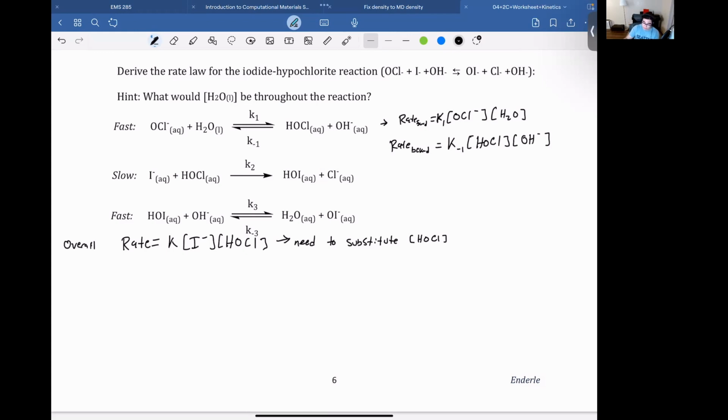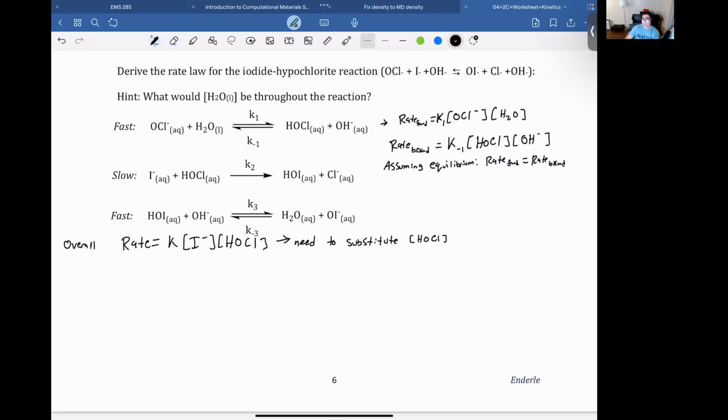Something you can note is assuming equilibrium, then you can say the forwards rate is equal to the backwards rate. Right?